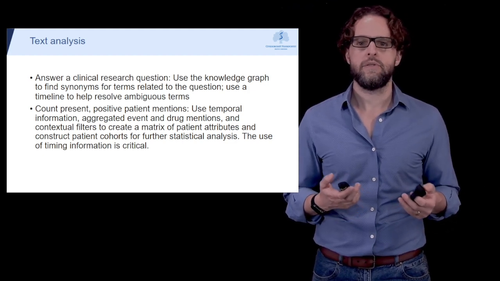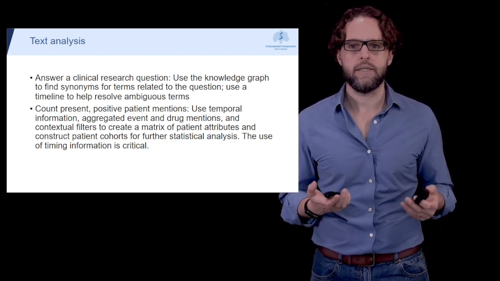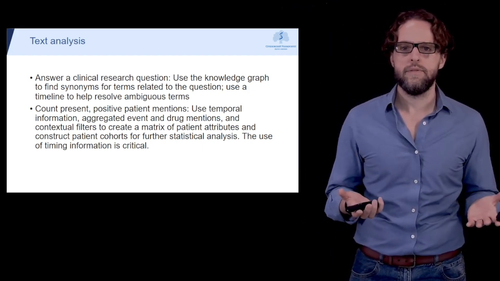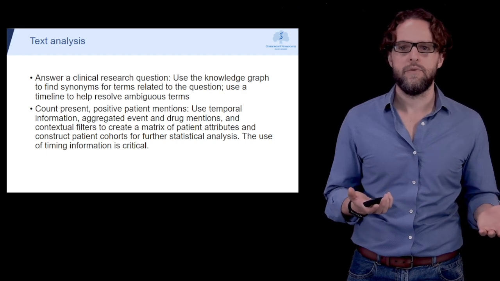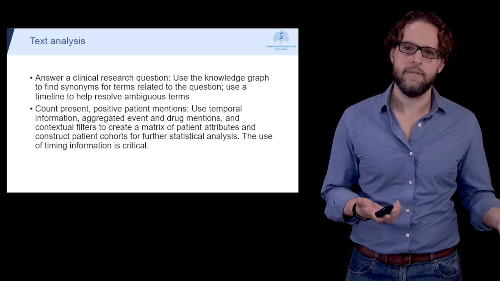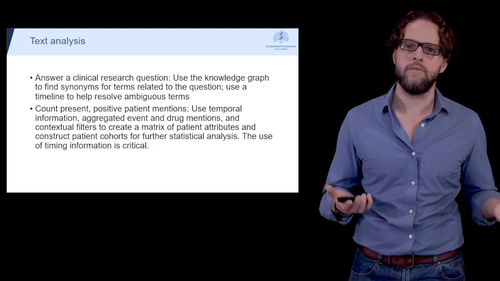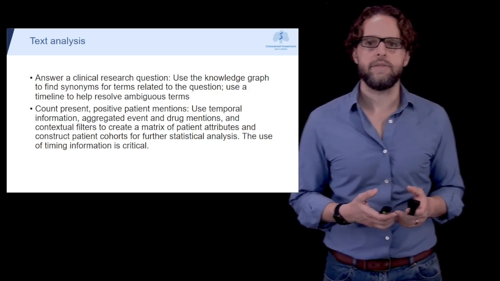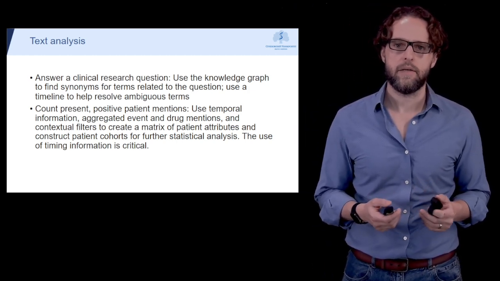We can use temporal information, aggregated even, how often medicine intake was mentioned, or some studies were done, and we can collate this information with other context of the patient data.